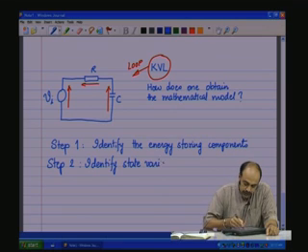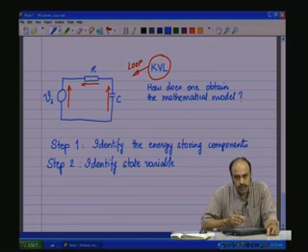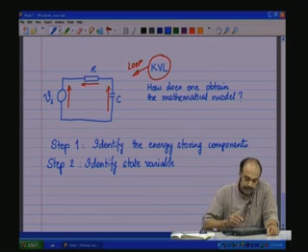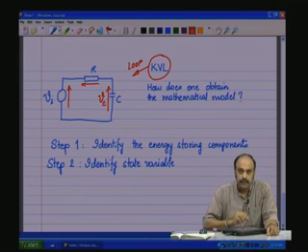So in this circuit there is only one energy storing component, therefore there has to be only one state variable, and as it is a capacitor, the state variable for the capacitor is Vc, because the energy is stored by virtue of the potential across the capacitance, and therefore we write down the state variable for the capacitance, which is the voltage across the capacitor Vc.